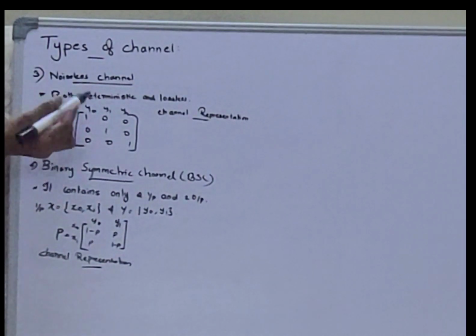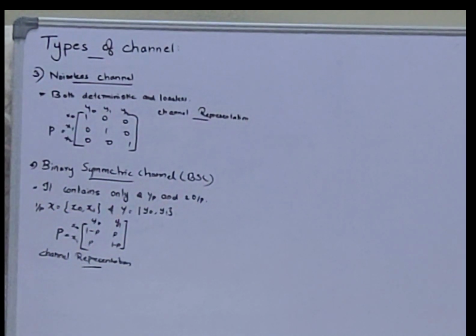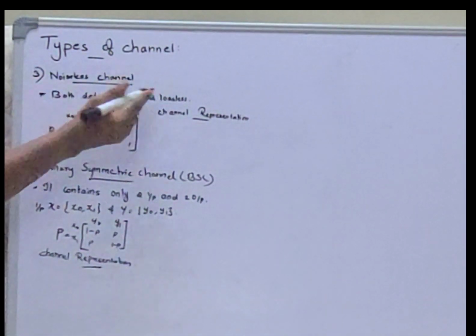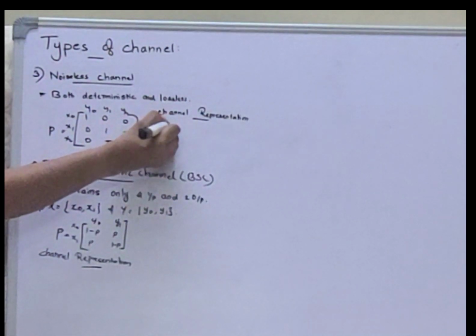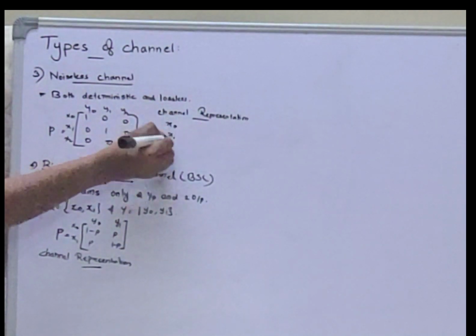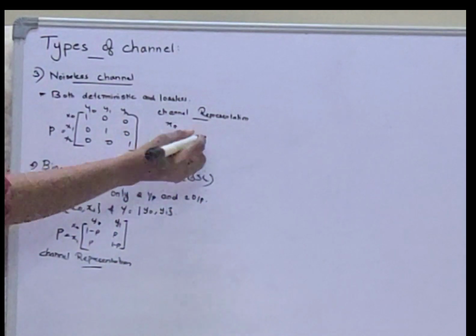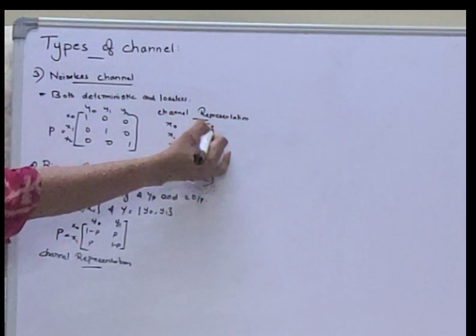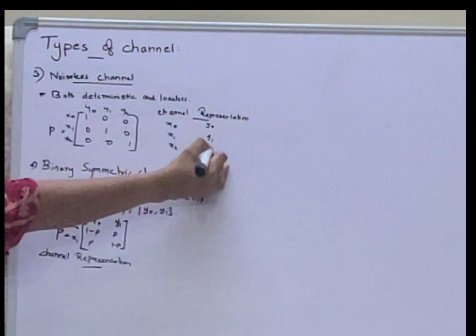That is, it is both deterministic and lossless: the rows contain one non-zero element, and the columns also contain one non-zero element.